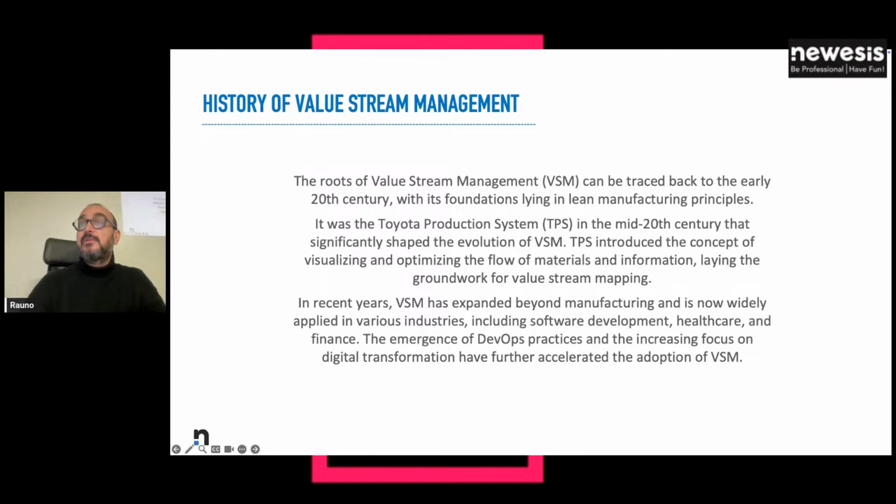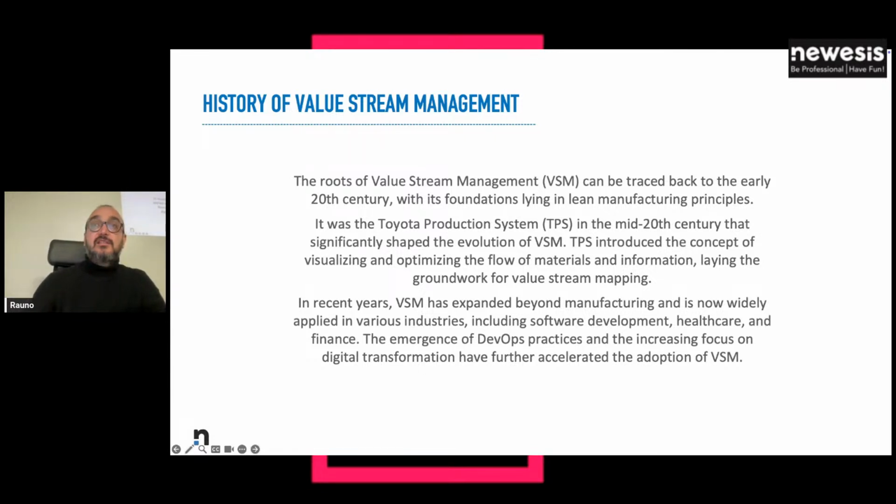Where it comes from, a bit of history. Value stream management is something that you can read about at the beginning of the past century in manufacturing. It becomes much more popular and more structured with the Toyota Production System in the middle of the past century. And then it gained its own momentum in the 80s or 90s of the past century with the publication of books like Lean Thinking, that had the focus on this flow of value, empowering the team, and continuous improvement.